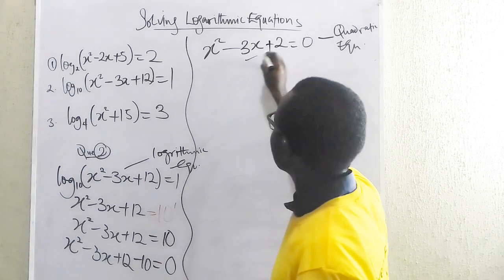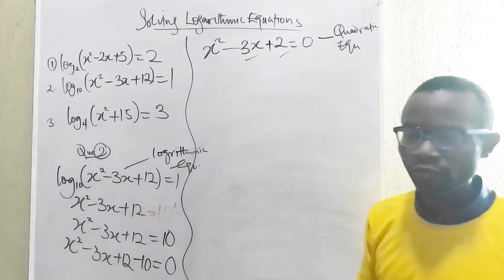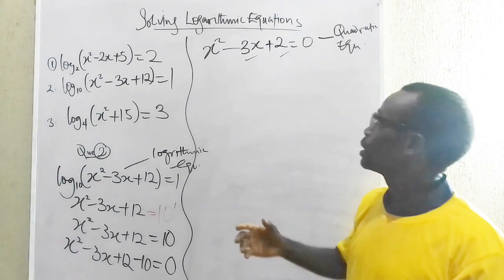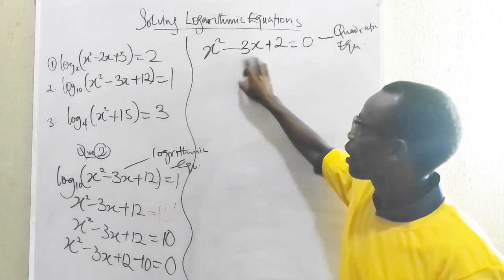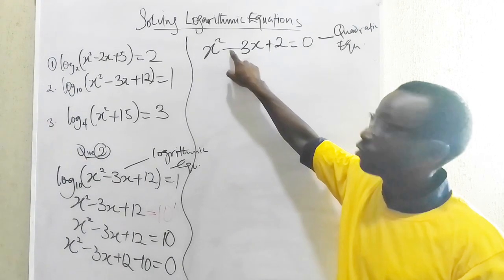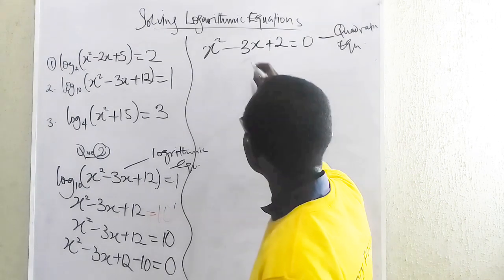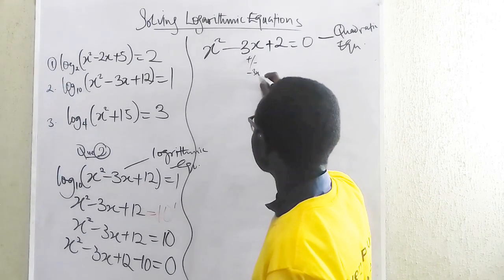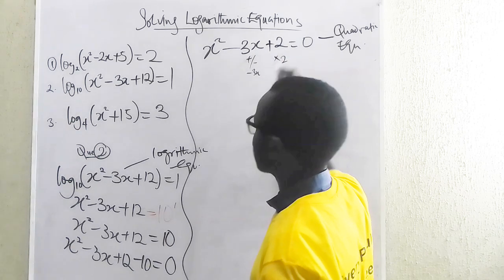Now you pick this place and this place and ask yourself, what two values would I multiply to give me plus 2? Understand that you need to have consideration for the signs. When I add them, they will give me minus 3x. When I multiply them, they will give me 2.